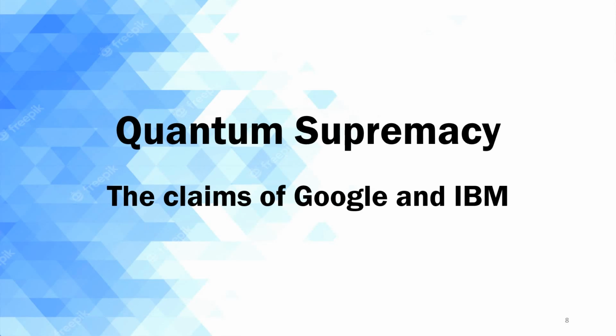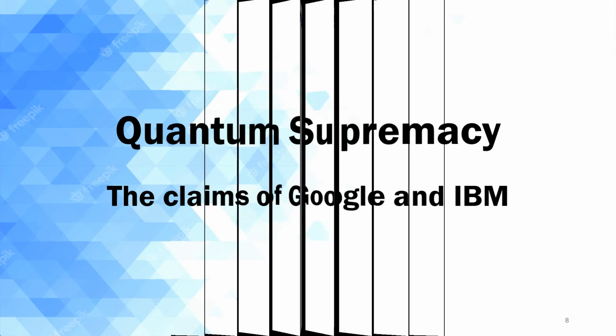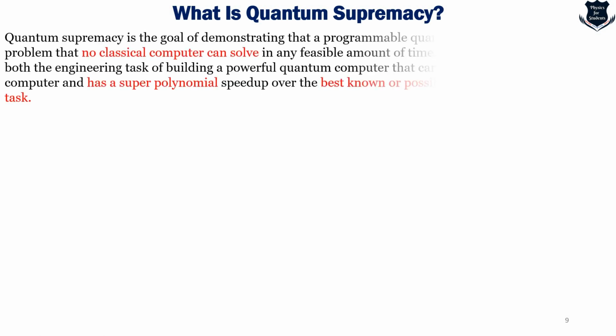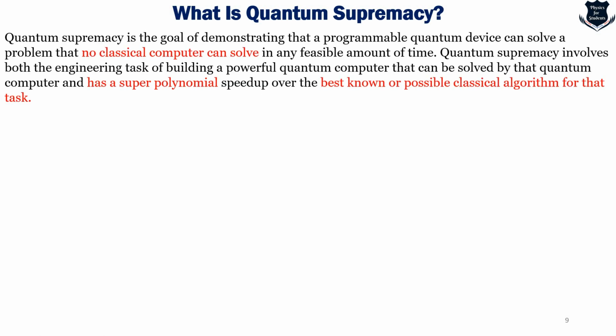Okay, there is something called quantum supremacy, and claims have been made by these two giants, Google and IBM. Quantum supremacy is basically a goal of demonstrating that a programmable quantum device can solve certain things which no classical computer can.